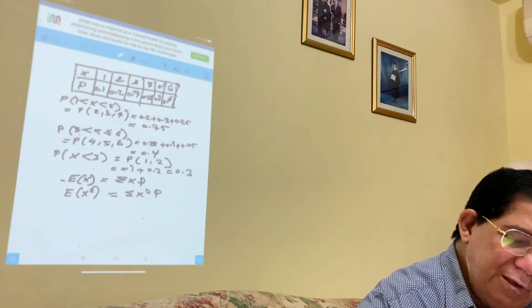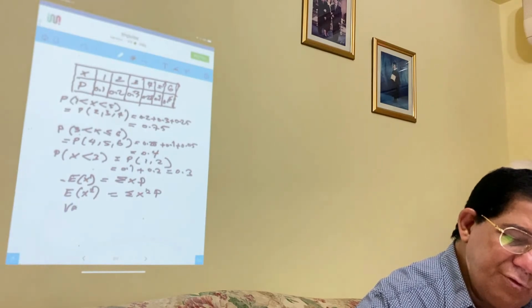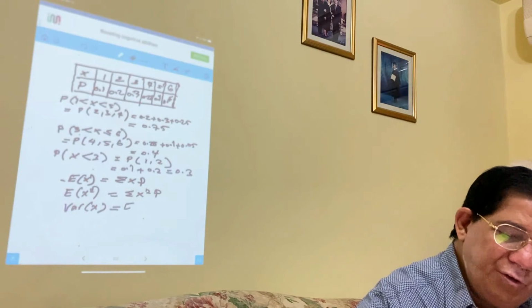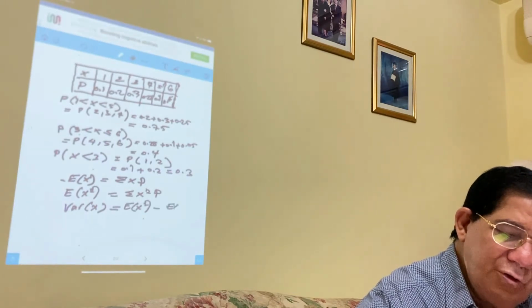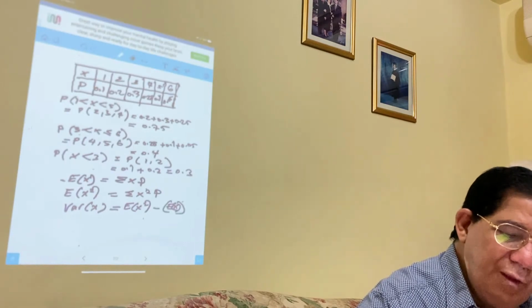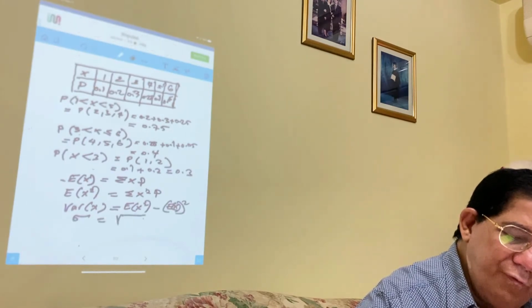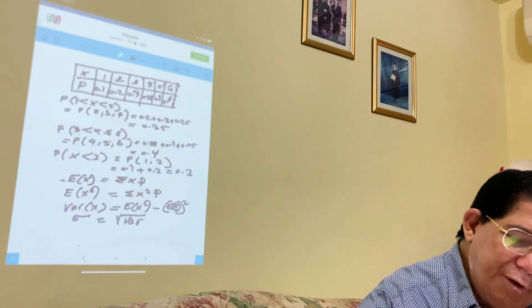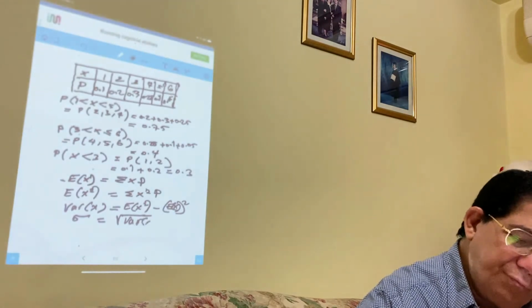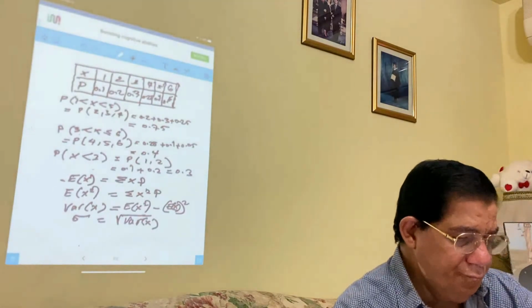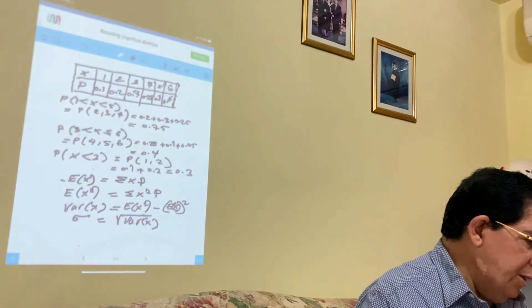Then we can get the variance of x, which is the expectation of x squared minus the expectation of x all square. Then if you ask standard deviation, it's the square root of variance. Typical questions, as we know.